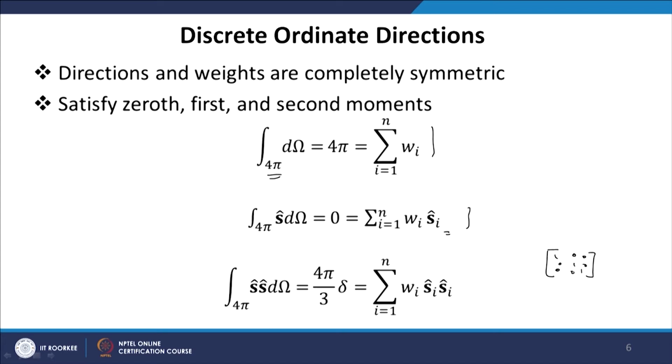So, this value should be equal to the identity matrix times 4 pi by 3. When we choose directions, the chosen directions should satisfy these rules, and based on this the directions can be chosen.